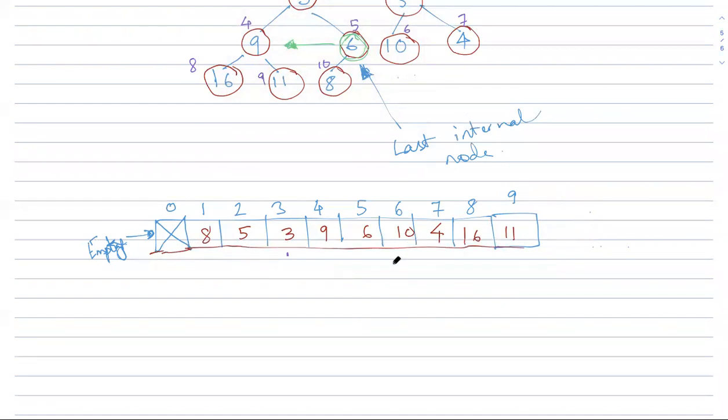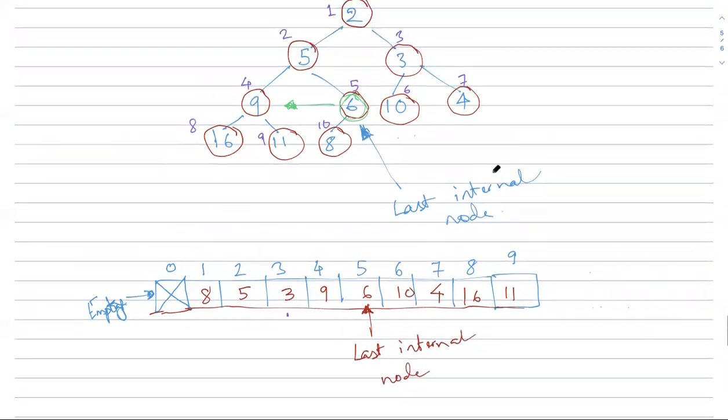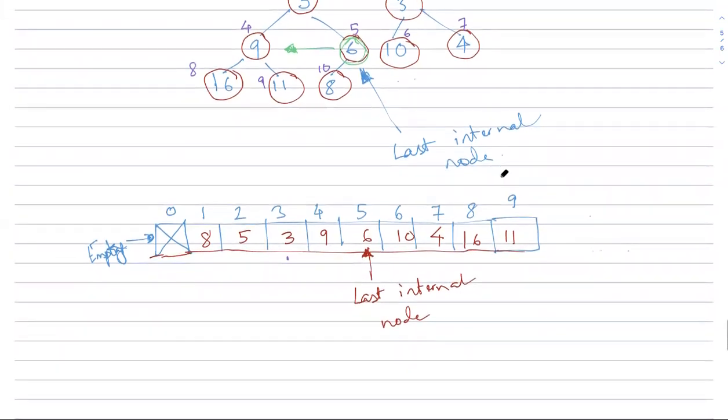Okay, so the last internal node is here. So this is our last internal node in this representation. This has 2, if you want to be faithful with respect to this representation. So you have 10.